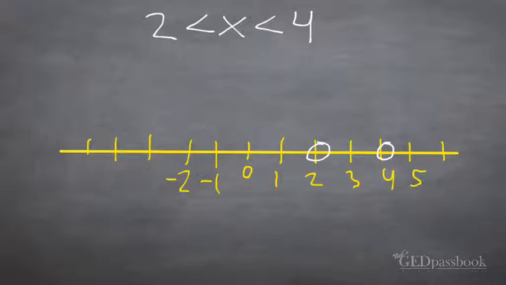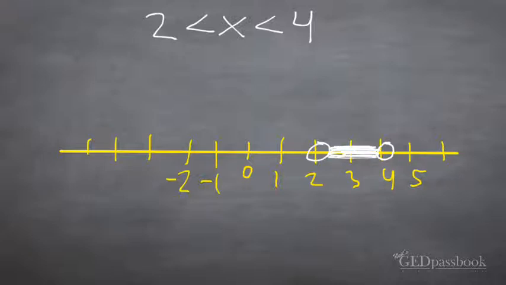X is technically greater than 2, right? Because 2 is less than x. So x, if you really look at it, is greater than 2, and x is less than 4, which means it falls in right there, in between these.